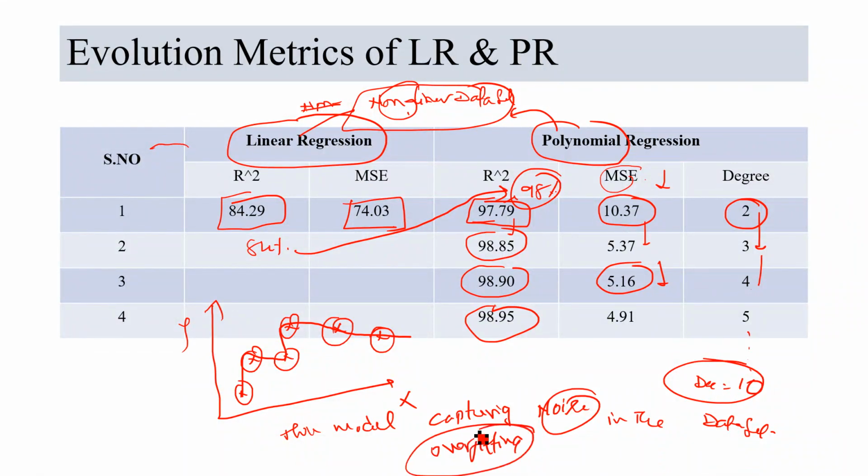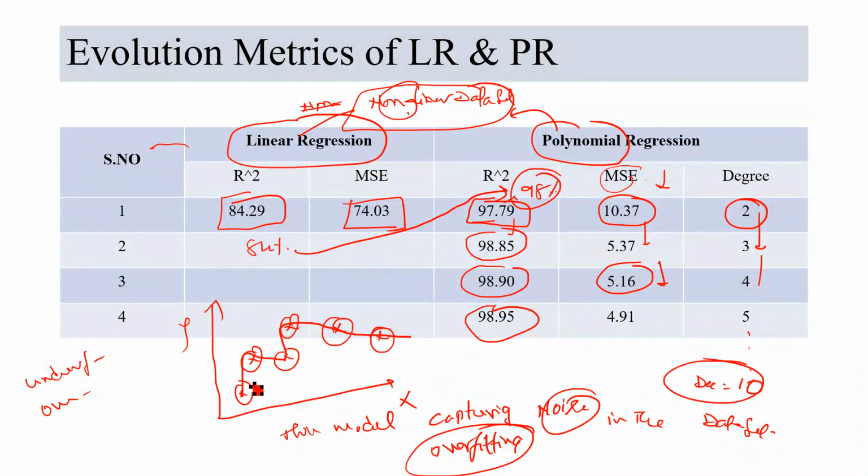In previous slides I already told you about underfitting. Underfitting happens when the model is unable to capture the pattern. But in overfitting, the model passes through all the data points. At that moment the model is capturing the noise in the data. Due to capturing the noise in the data, an overfitting problem can occur.